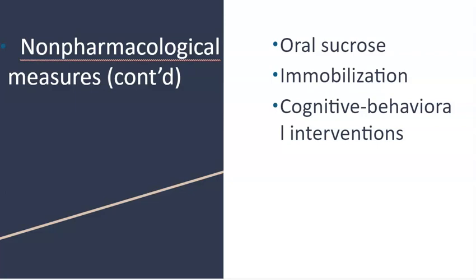And then cognitive behavioral interventions. The first is distraction. This is a method of drawing the patient's attention away from the pain, focusing on something else other than the pain. It is based on the belief that the brain can process only so much information at one time.